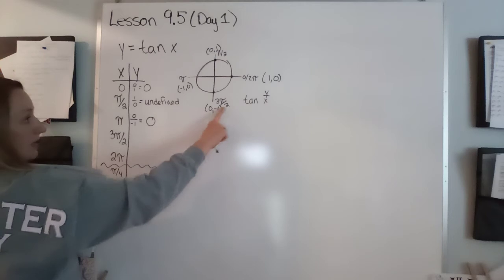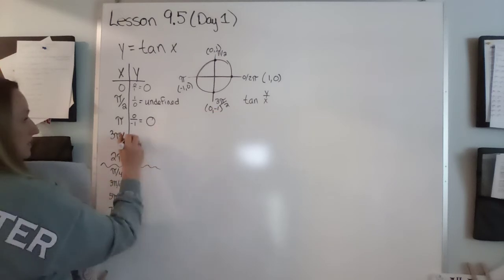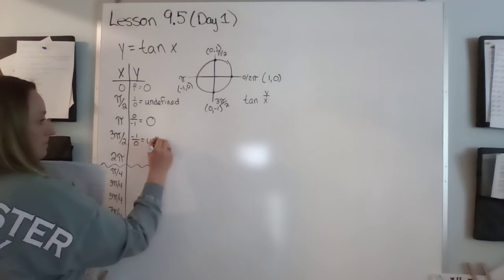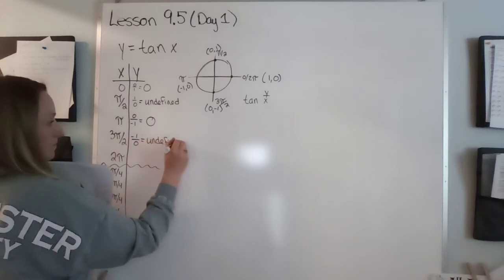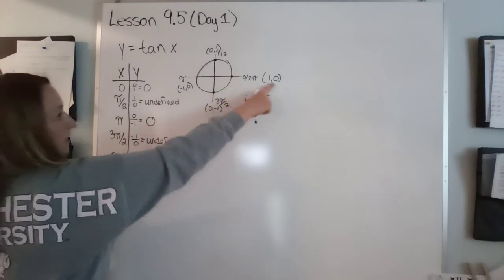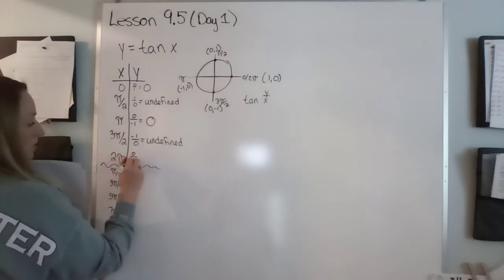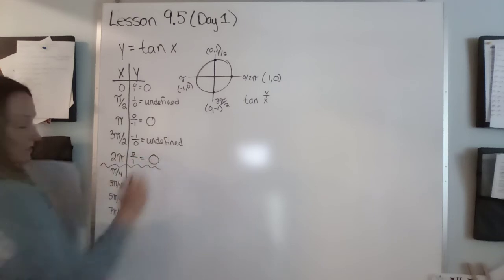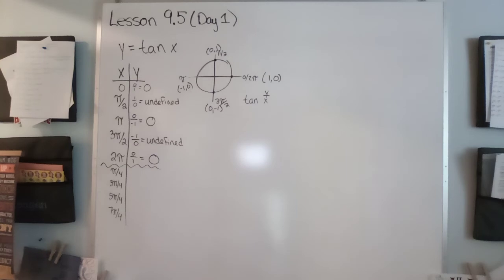At 3 pi over 2, y over x, it's -1 over 0, that's undefined. And then at 2 pi, it's 0 over 1, which is 0. Sorry, I was about to say 1. All right, so these points that are undefined, those are going to be the asymptotes of the graph, okay?